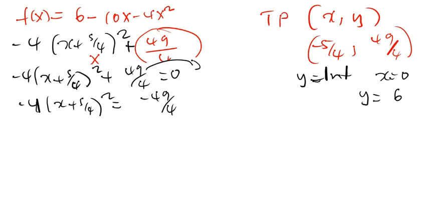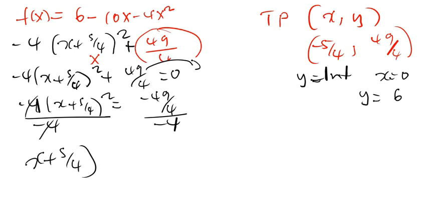Now I'm going to divide everywhere by negative 4. This negative 4 which is outside the two brackets, here also negative 4. So here these two guys will cancel. I'll remain with x plus 5 over 4 in the bracket squared is equal to negative 49 over 4 times 1 over negative 4.